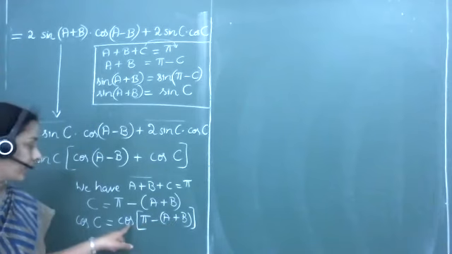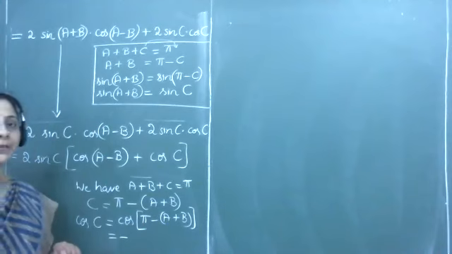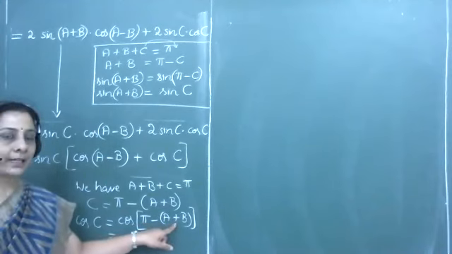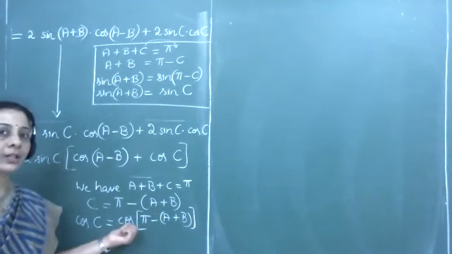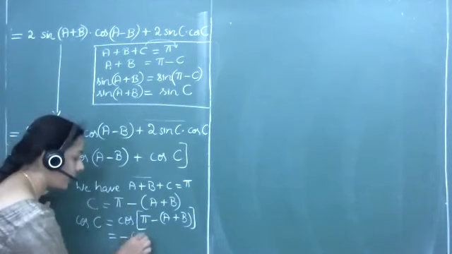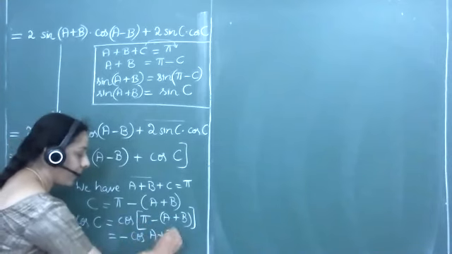In the second quadrant, cos is always negative. So we use a negative factor now. And 180 minus an angle, using the concept of allied angles, ratio will not change. Ratio will remain as it is. So it will be now cos as it is. The angle A plus B comes back.